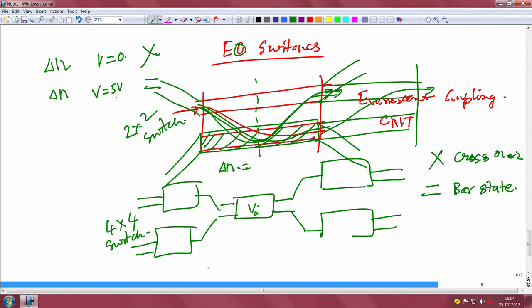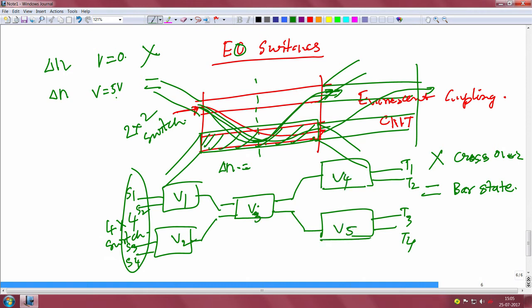But as discussed earlier, it may not be possible to get any combination. Say this is signal 1, signal 2, signal 3 and signal 4, or port 1, 2, 3, 4, and output ports T1, T2, T3, T4. We can work out a combination of switching states, for example V1, V2, V3, V4 and V5. So, you can program these voltage values such that you can obtain a proper switching configuration.